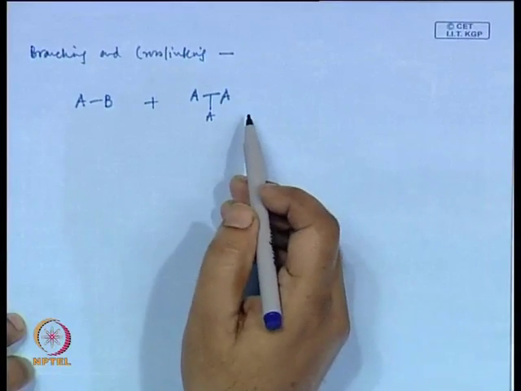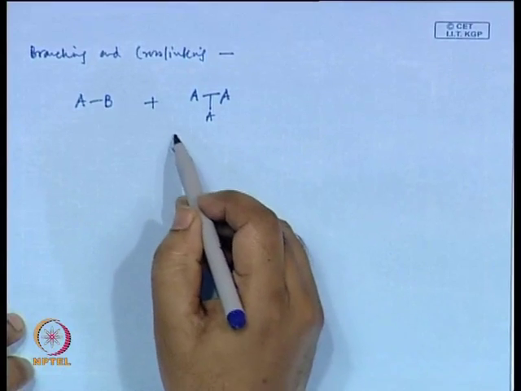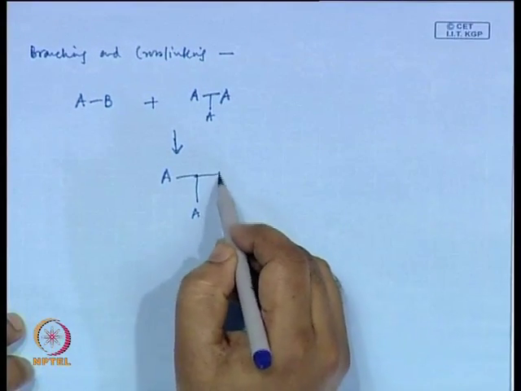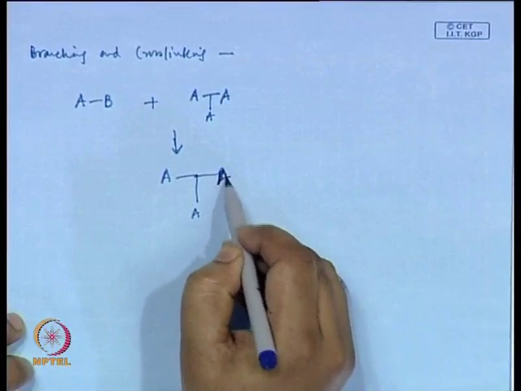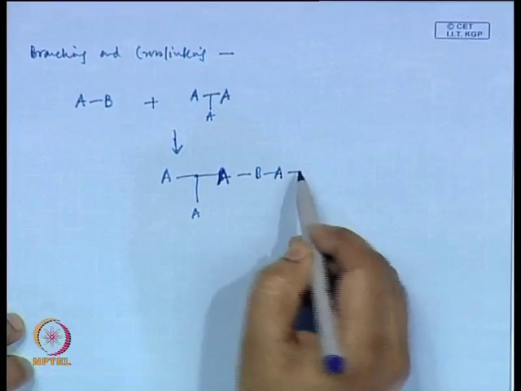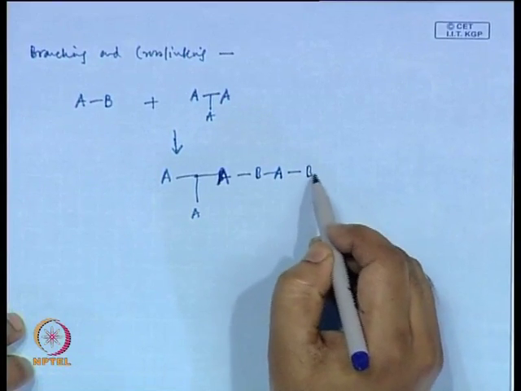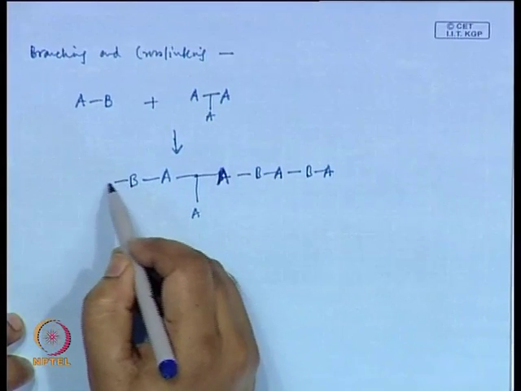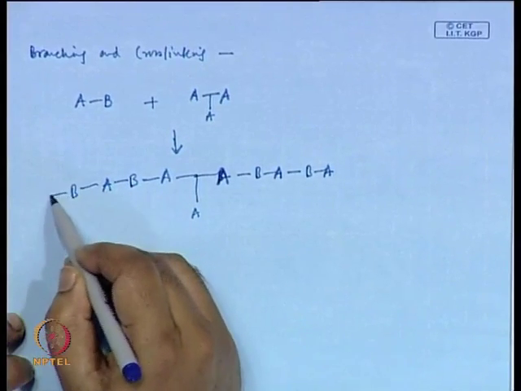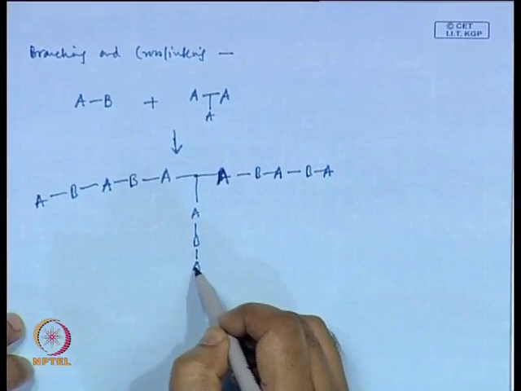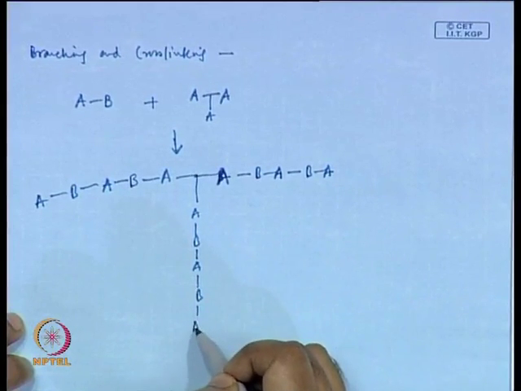Now, how will they react? Obviously, A can only react with B, so it will react with B, the other side will be A; again this will react with B, so the other side will be A. Similarly, this side will react with B, the other side will be A, and here also it will react with B, A, B, A, something like that.